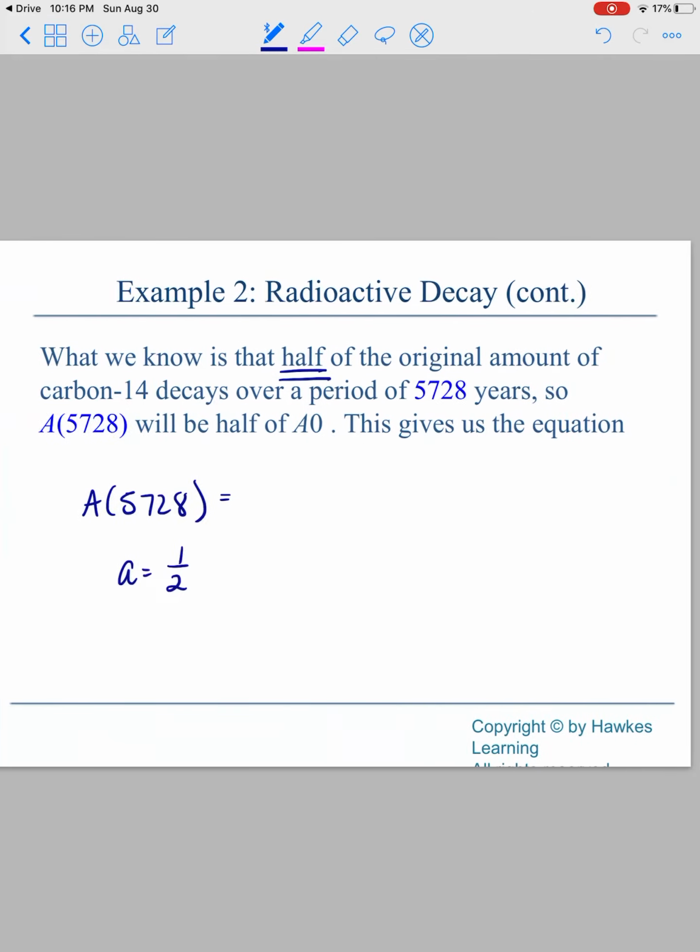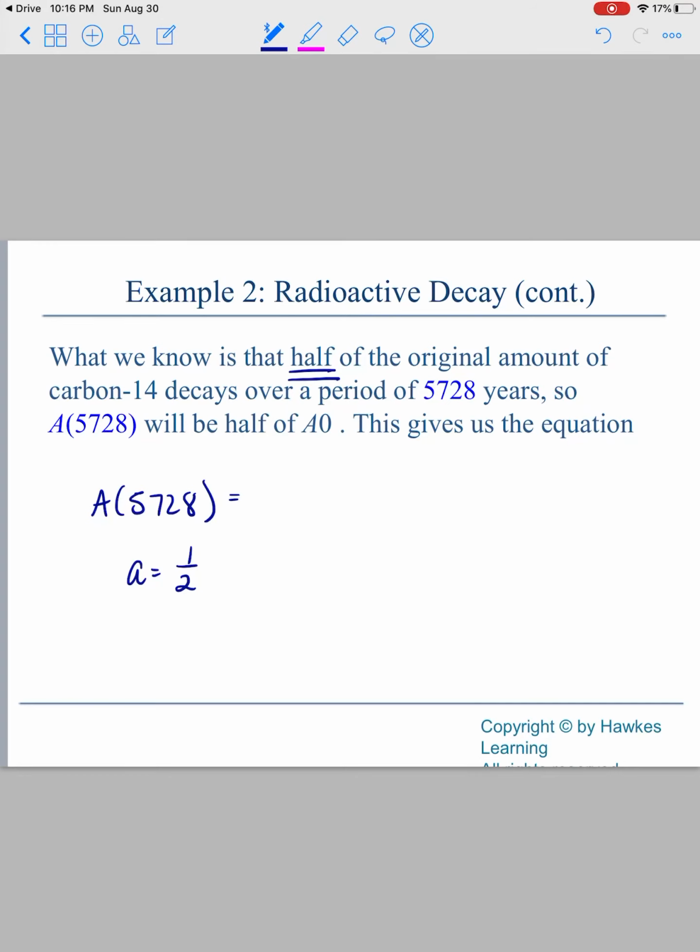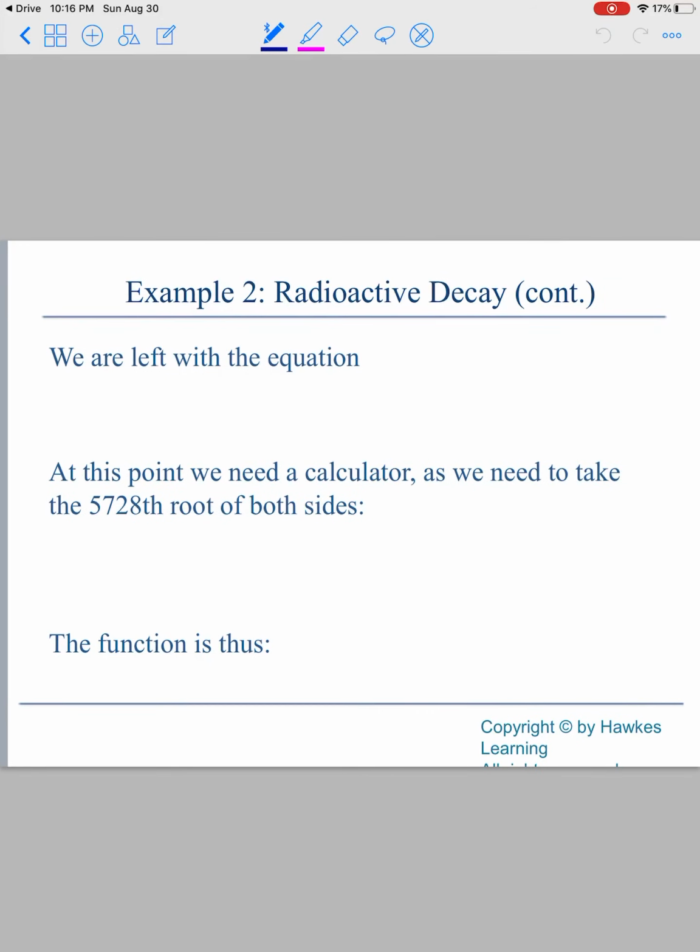That means we are left with a to the 5,728 equals 1/2 here.